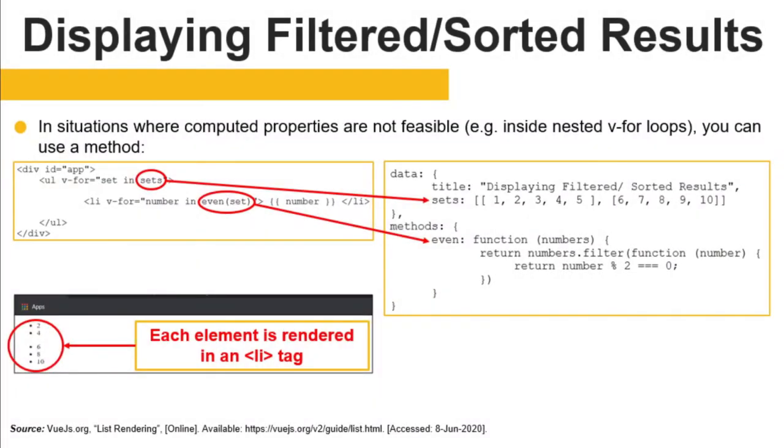In situations where computed properties are not feasible, for example inside nested v-for loops, you can use a method. In the given example, a nested v-for is used.